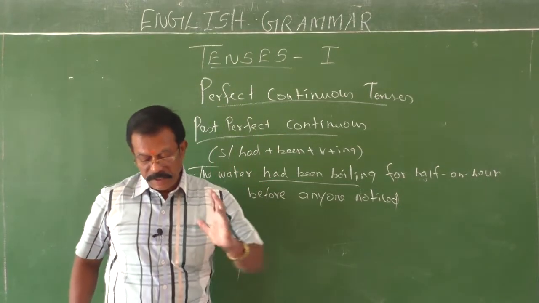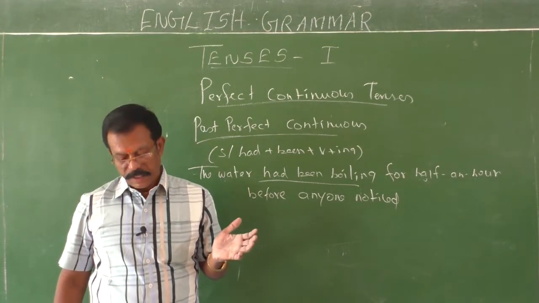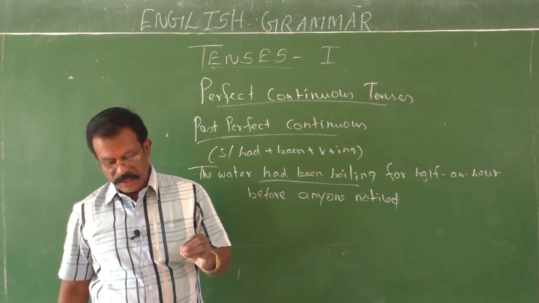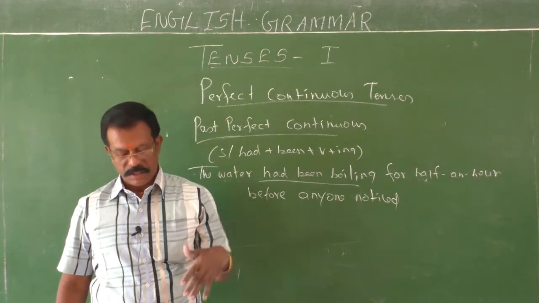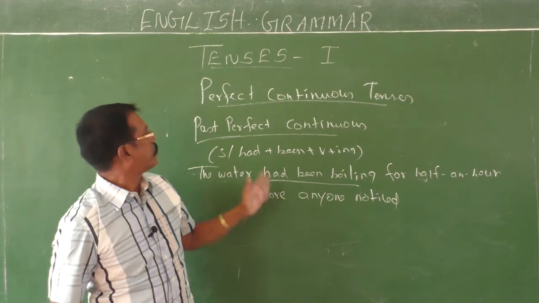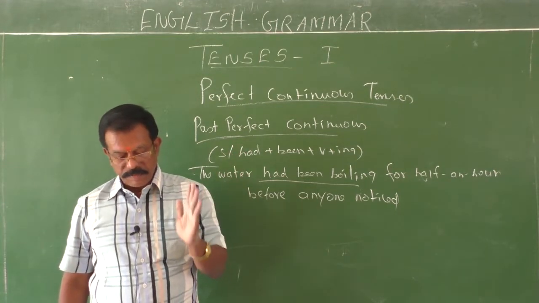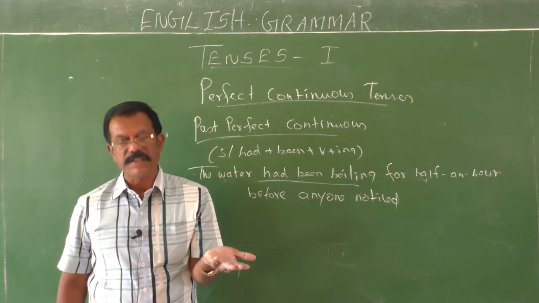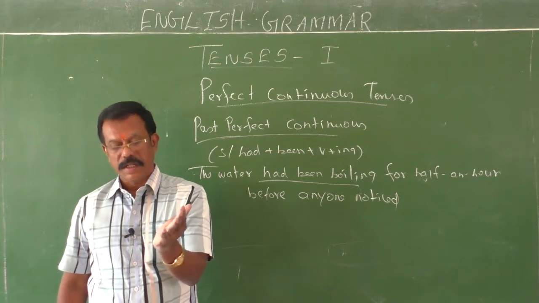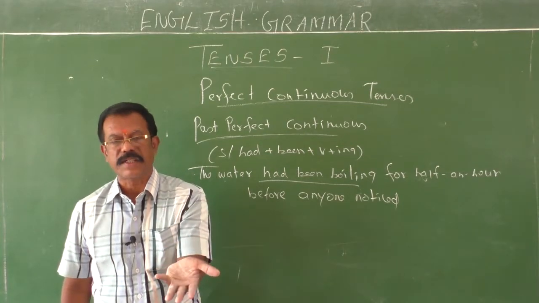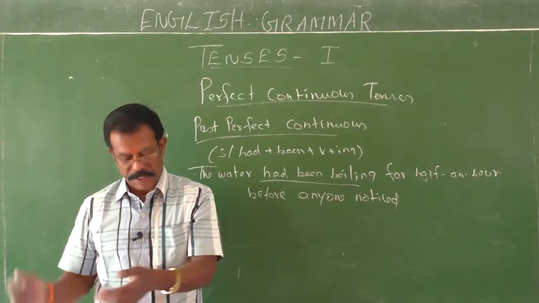So something that started in the past and continued up to another action or time in the past. So where we have to use this past perfect continuous tense: something that started in the past and continued up to another action or another time in the past.